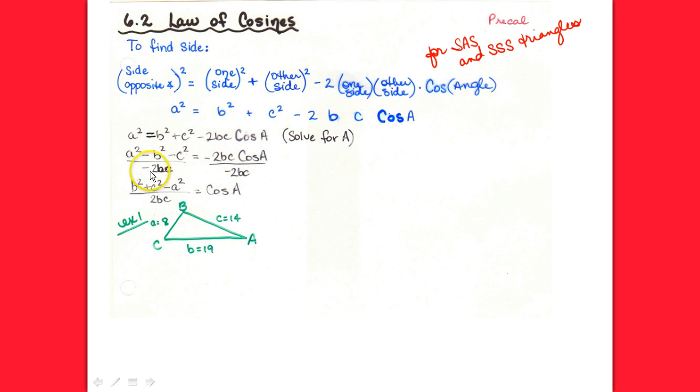When I do that, they're going to divide through by this negative right here, so that's like multiplying the whole numerator by negative 1. So that would give me negative A squared, positive B squared, and positive C squared, all over 2BC. Okay? So that is the alternative form that you see for cosine A.